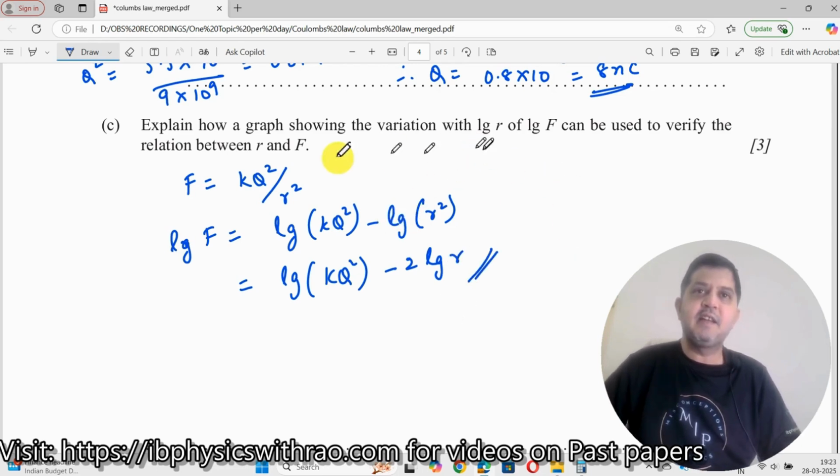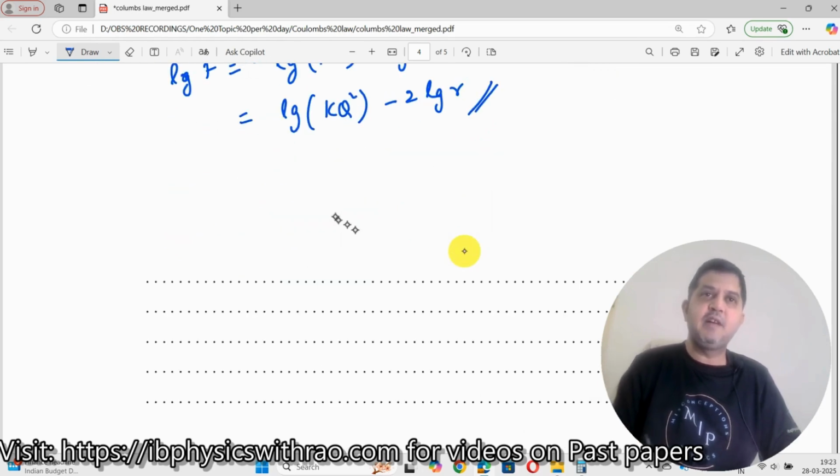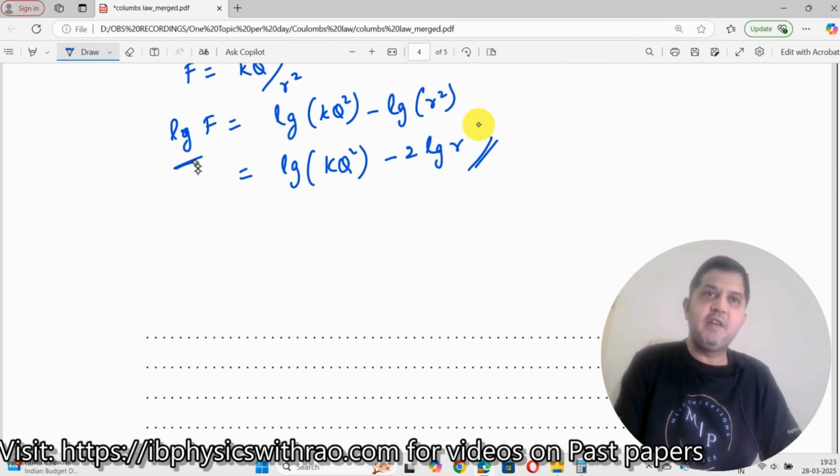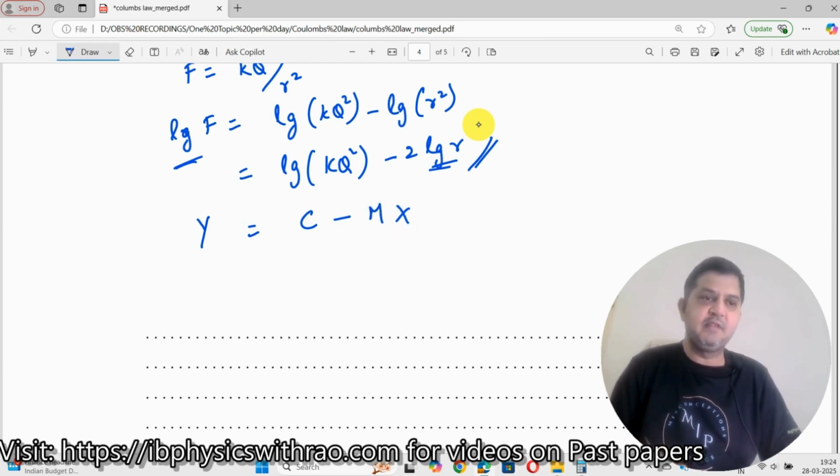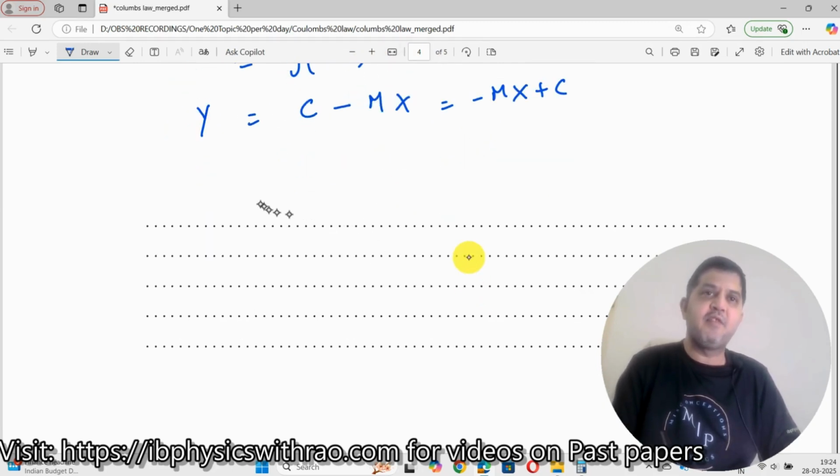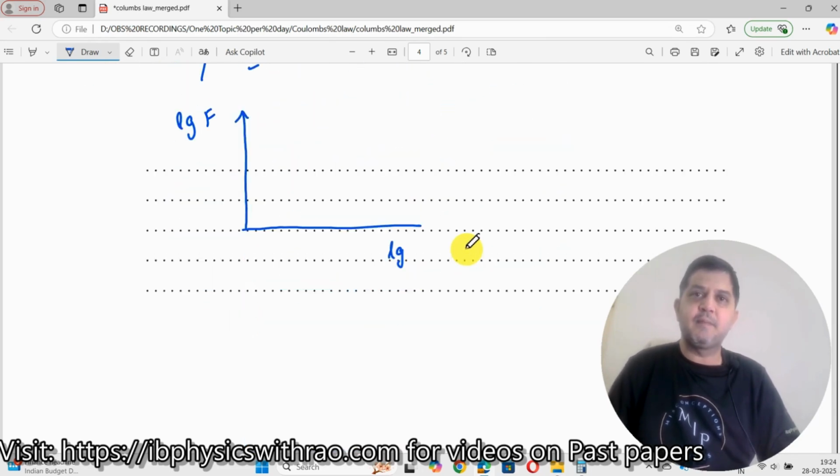Now he's asking you, using a graph, how do you find this? I can consider log of f to be y, this to be c, log r to be x, and this 2 will be m here. So I get an equation like y equal to c minus mx, or maybe I can write this as minus mx plus c. This is also a straight line equation. We can plot a graph of y, which is log f, against x, which is log r.